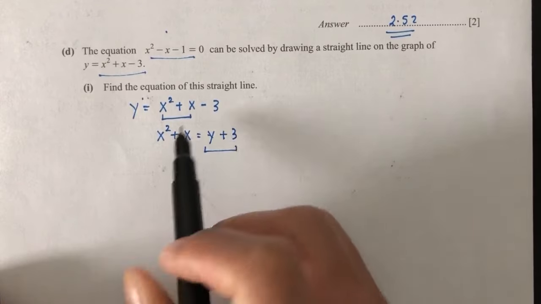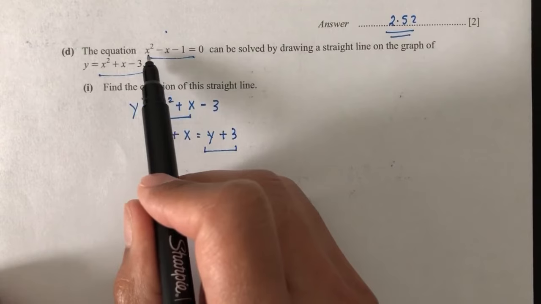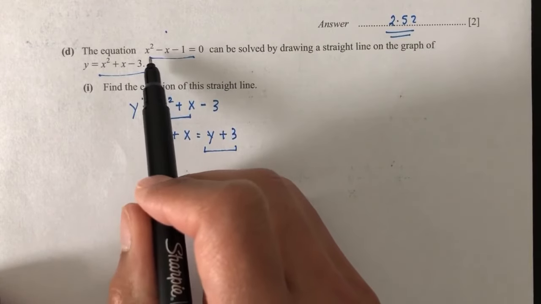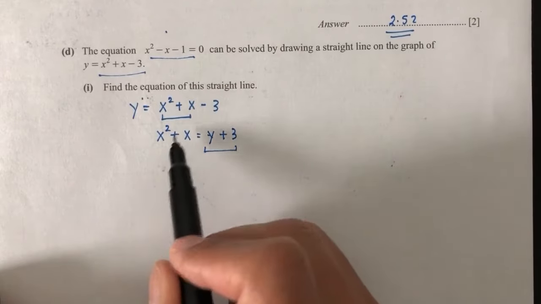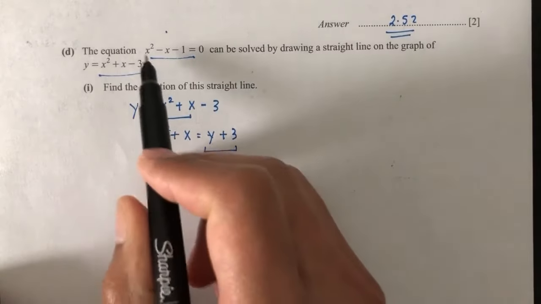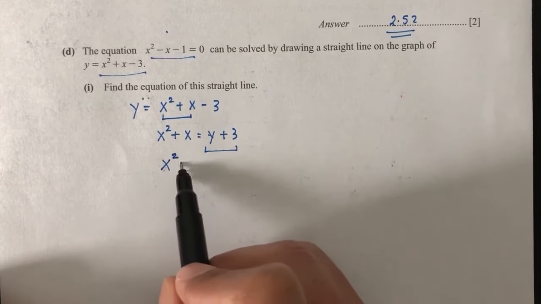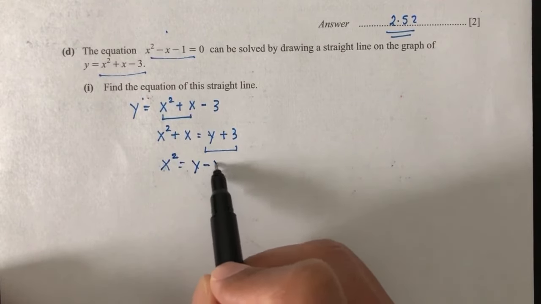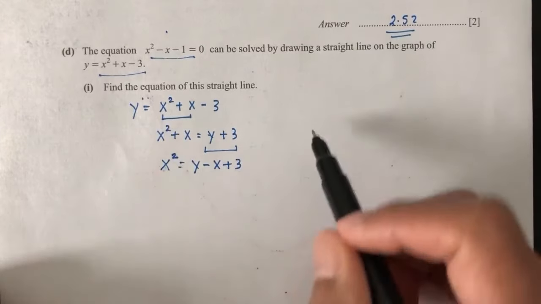Right. So now we have this. Let's replace this in this. So here we have x squared minus x. So let's make x squared the subject because we don't have plus anymore, we have minus. So x squared is y minus x plus 3. Replace this in the first equation.